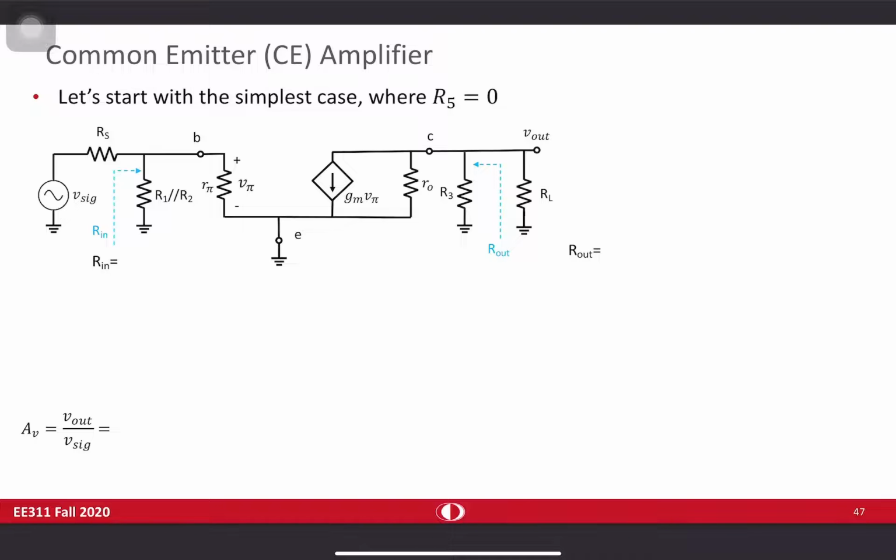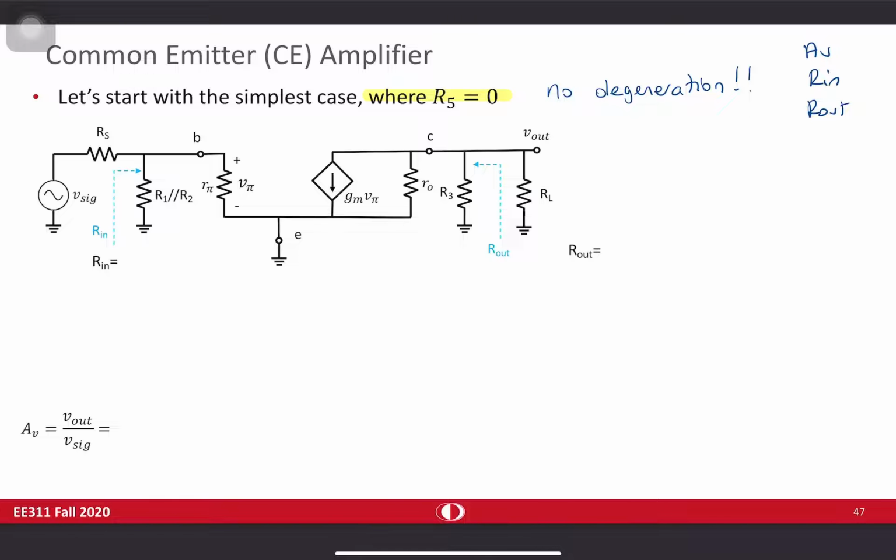I am seeking AV, Rin, and Rout. Let's define Rin and Rout. While finding Rin, you should exclude Rs. Rs should not appear in the Rin expression. Rin is the resistance seen from here.